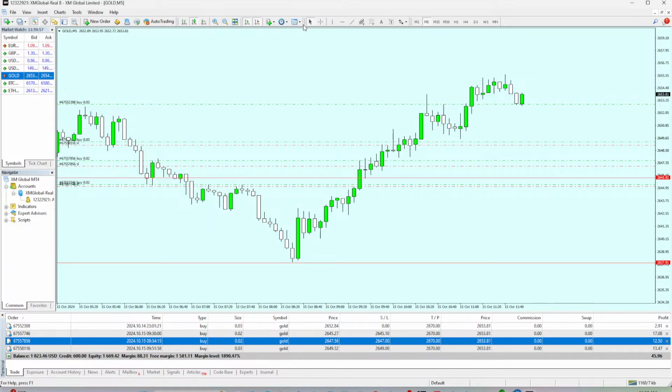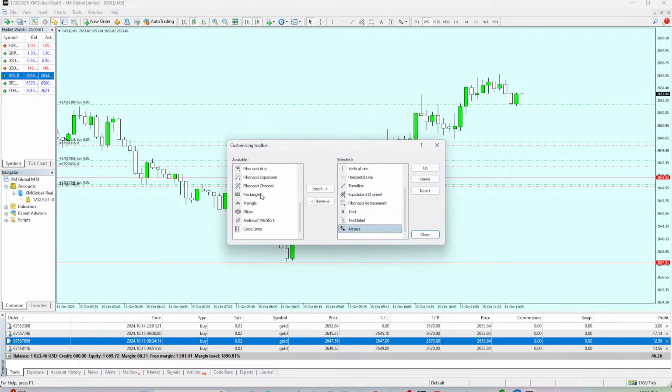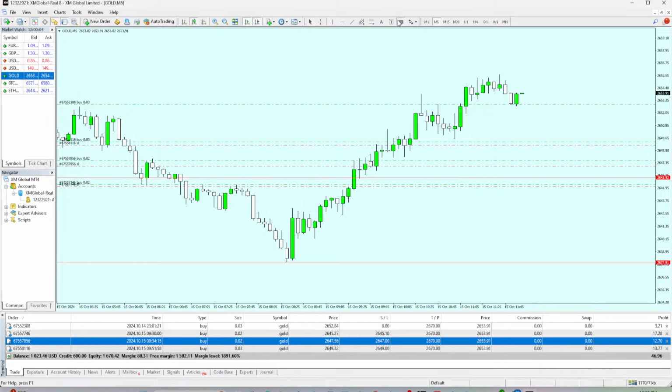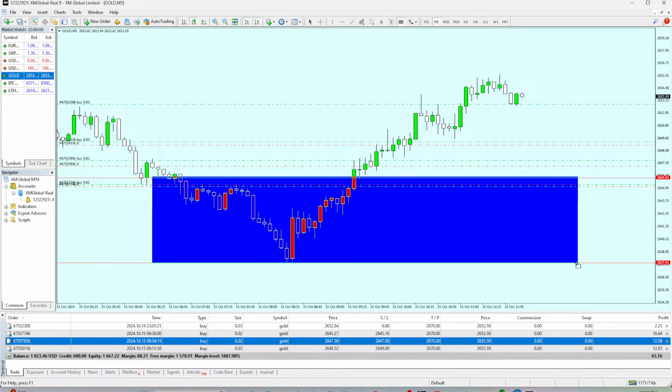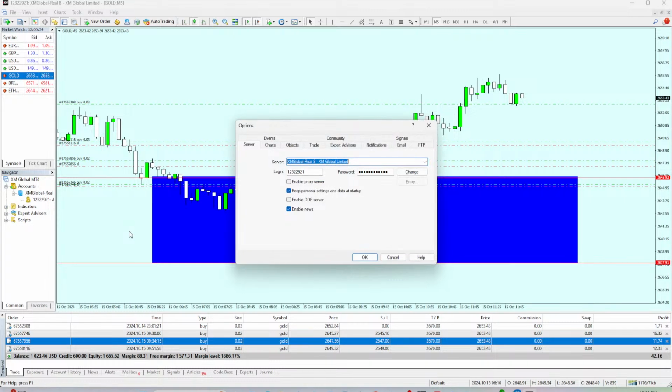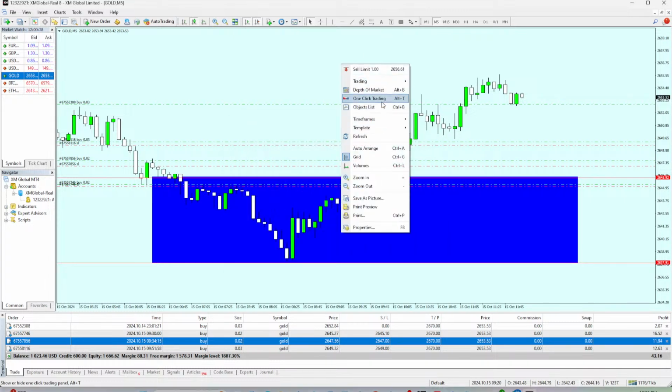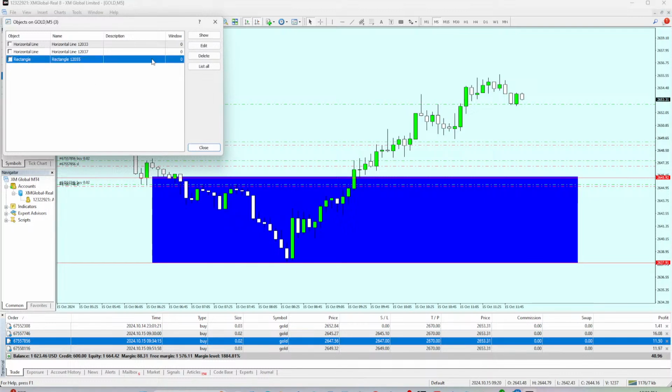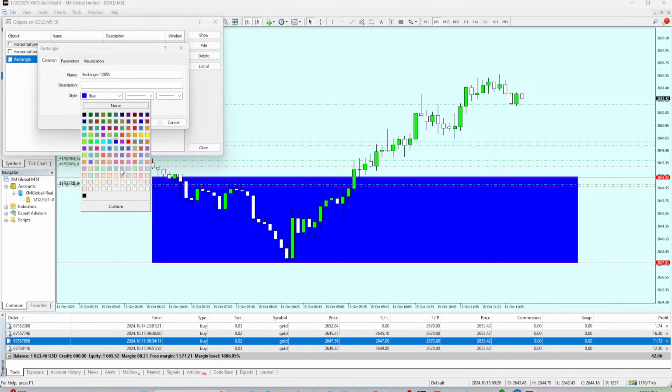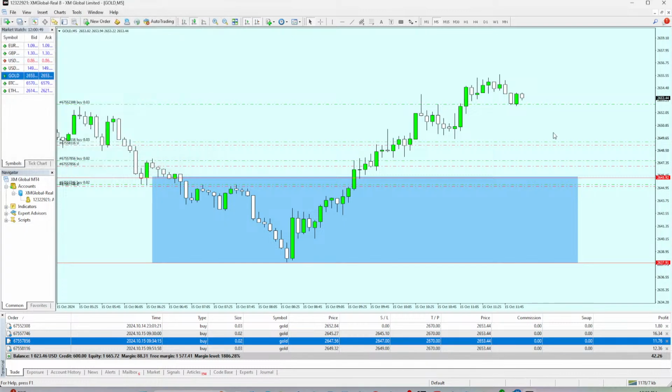I just want to add something here. Okay, so this is a buying area.